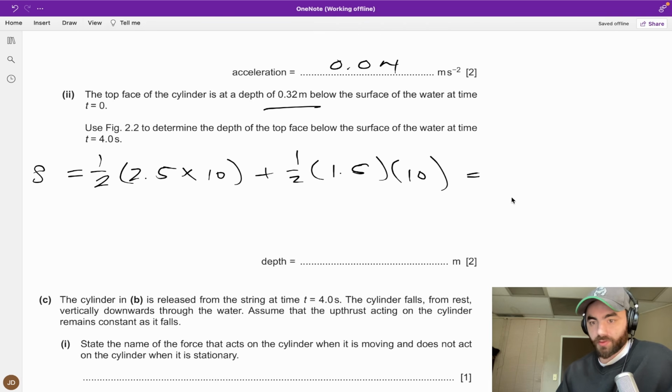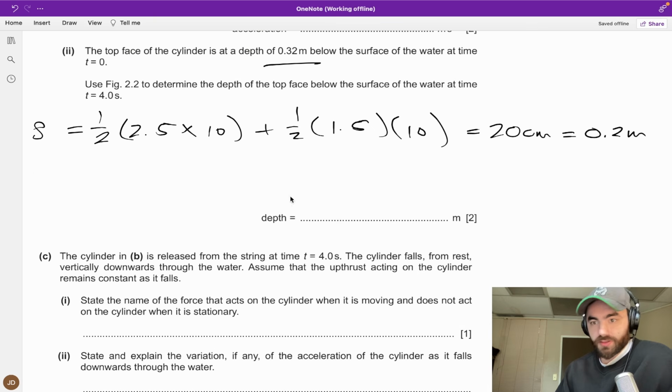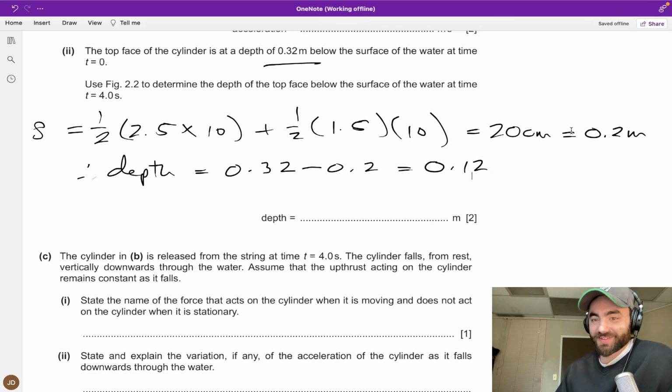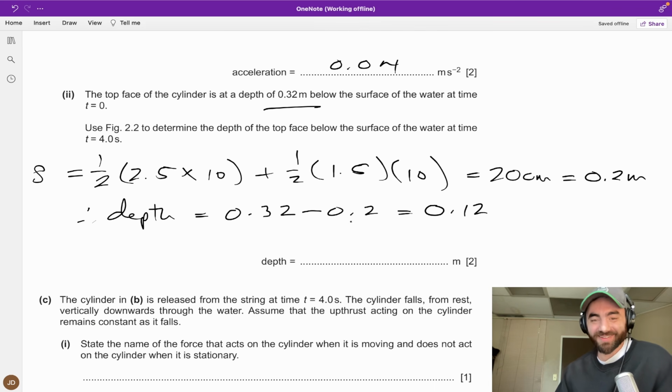And remember it's in centimeters, so 20 centimeters or 0.2 meters. So therefore the depth will be, well, it starts at 0.32 and moves up this, so the depth will be 0.12 meters.